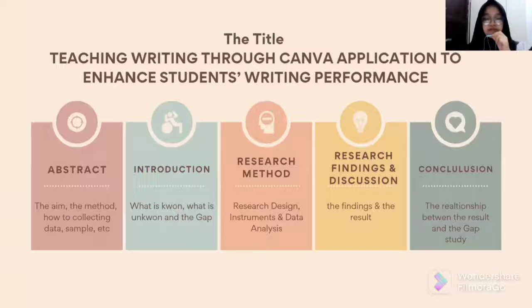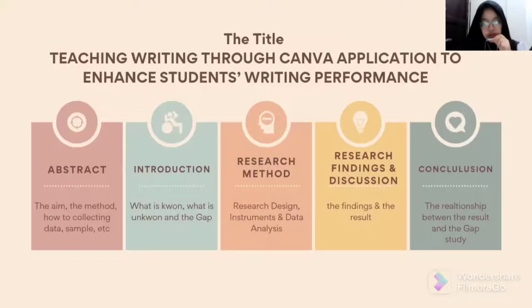For this presentation, I divide the materials into 5 parts. The first part is the abstract. This contains the aim, the method, and how to collect data, the sample. The second is the introduction. It is talking about what is known, what is unknown, and the gap of the study.